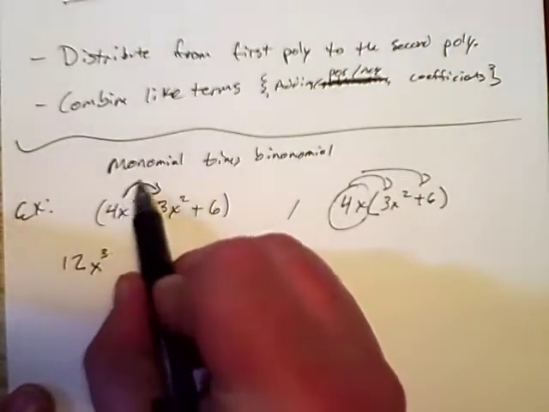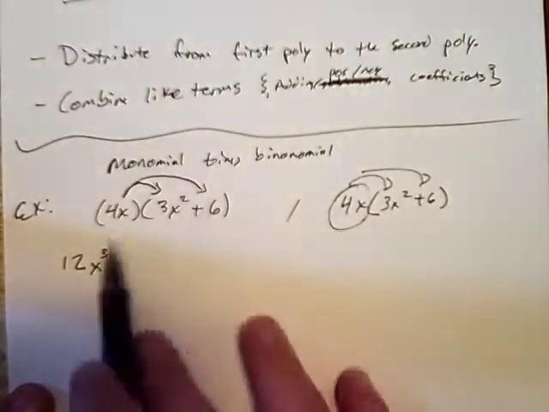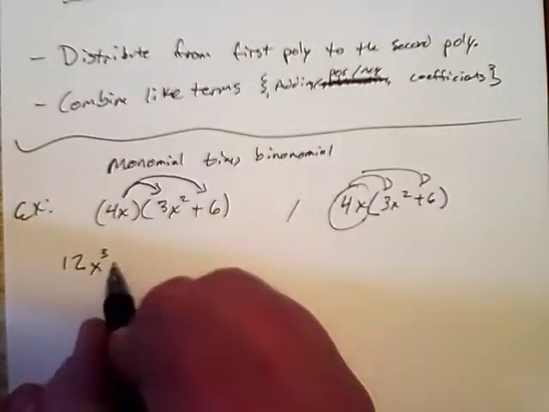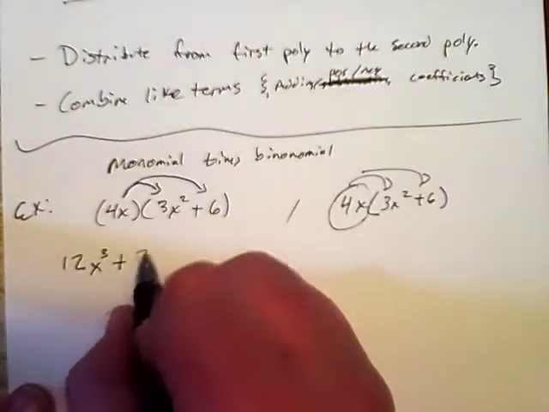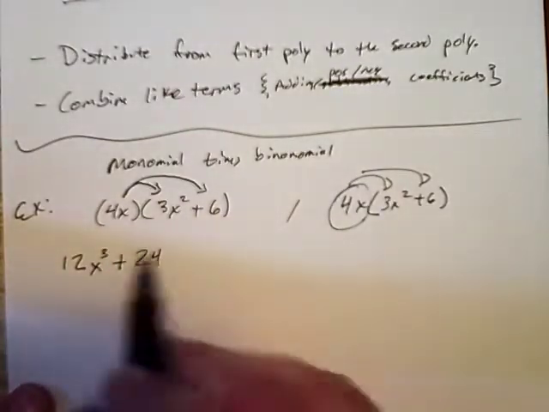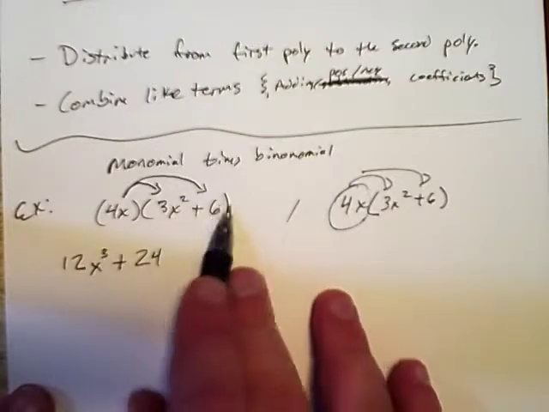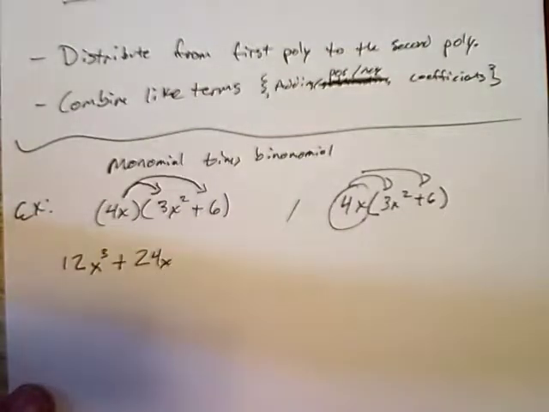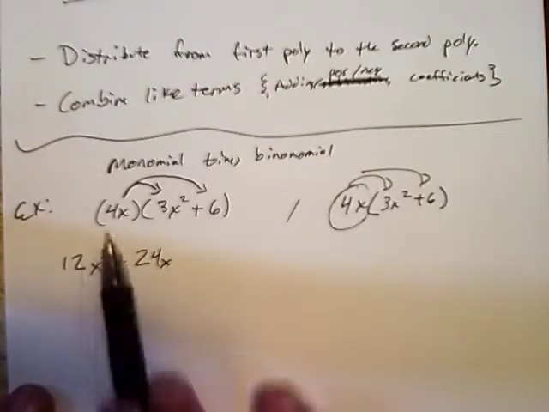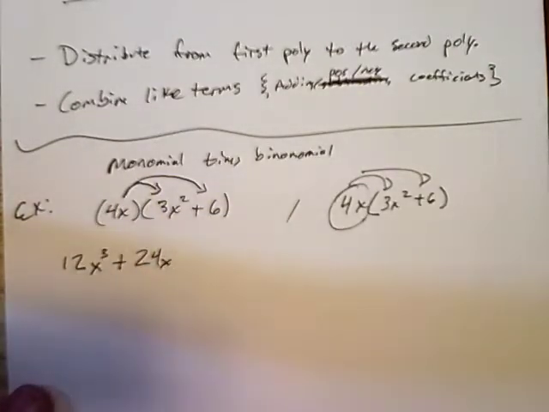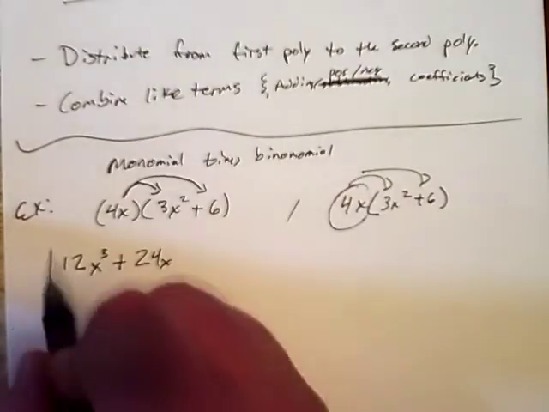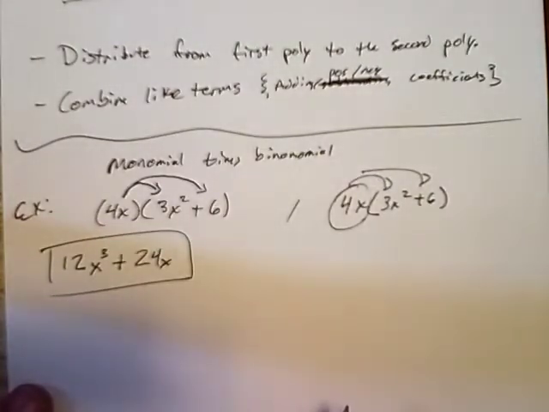And now we're going to multiply the 4x with the 6. So 4x times 6, it's a positive 4, positive 6. It gives me 24. And I have x to the first and no x's here, so I'll end up with x to the first. And whenever you distribute a monomial to any polynomial, you do not have to combine any like terms. So that means we're done.